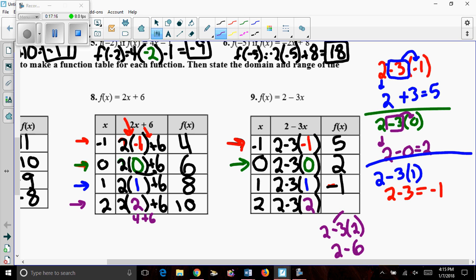That's a negative times a positive, so it became a negative 6. 2 minus 6 is negative 4. Use this as a way of reviewing what we did for that lesson and use it as a guide as you are working on this practice.